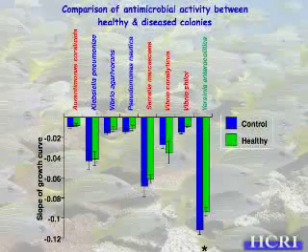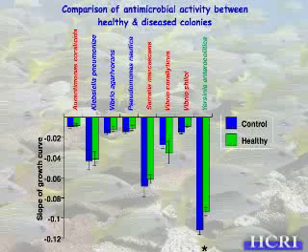So we performed growth assays again, and this is just a little different way of looking at it. These are the slopes of the growth curves. So the more negative the slope, the more inhibitory the assay or the extract. And so what we're looking at here is the control coral compared to the healthy tissue on the diseased coral.